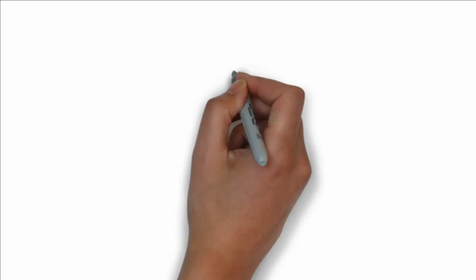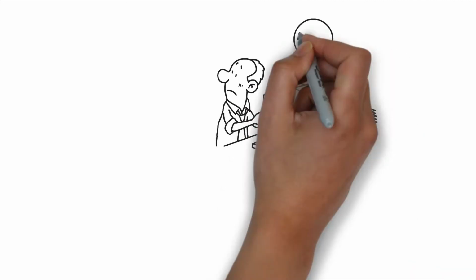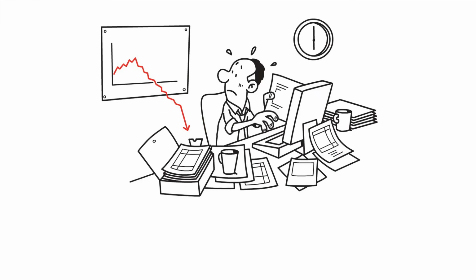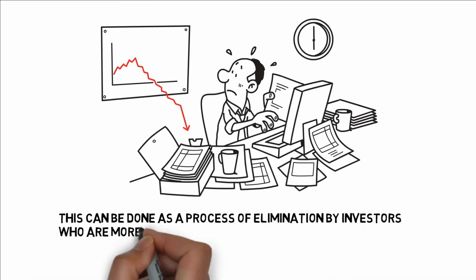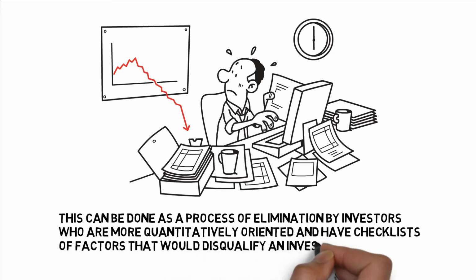Some investors may prefer to read the 5-year summary first and then take a quick look at the financial statements before reading the business summary, slightly reversing the recommended order in this video. This can be done as a process of elimination by investors who are more quantitatively oriented and have checklists of factors that would disqualify an investment.